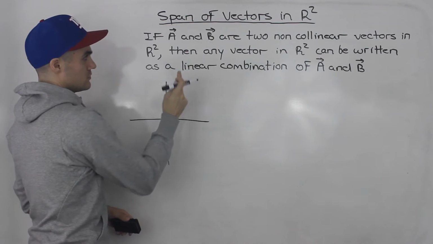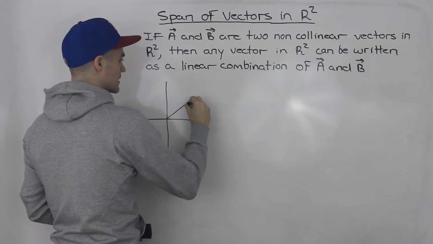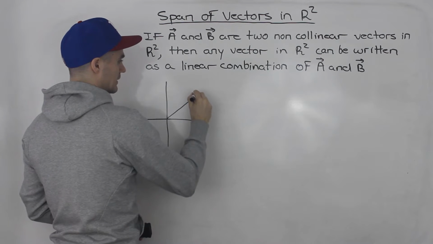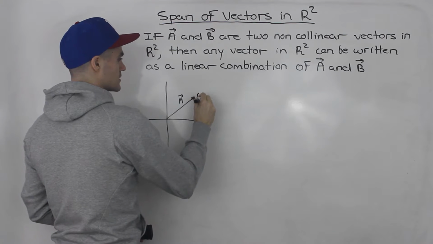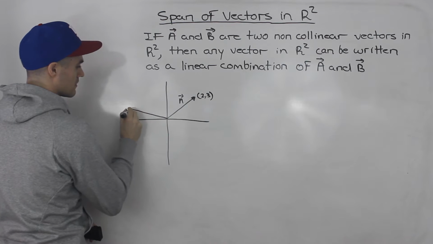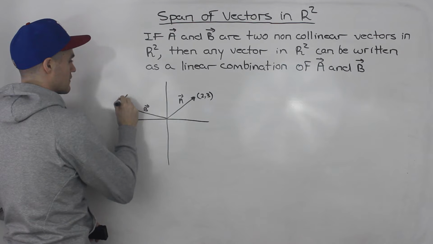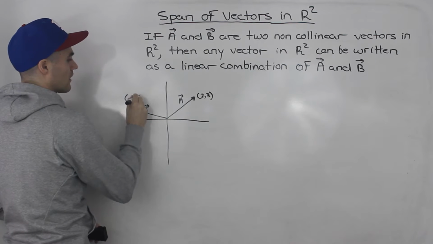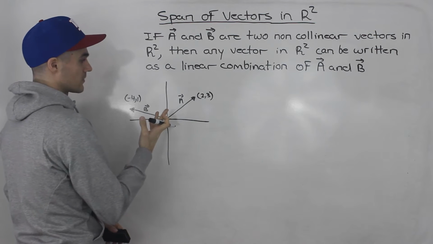If we have two non-collinear vectors, let's say we have vector A, which looks like this, and let's say vector A is (2, 3). Then let's say we have vector B here, and let's say vector B is (-4, 1). These are two non-collinear vectors.